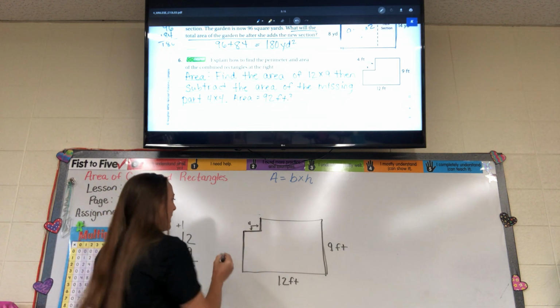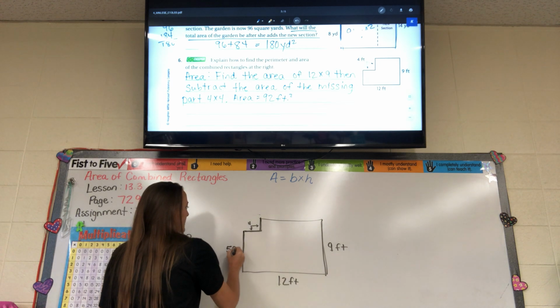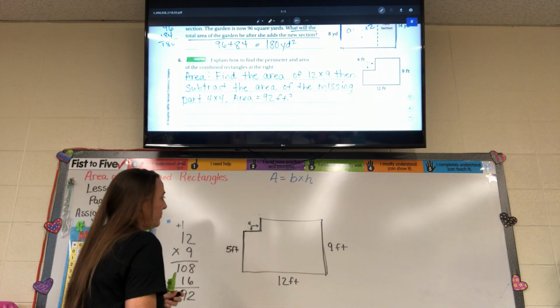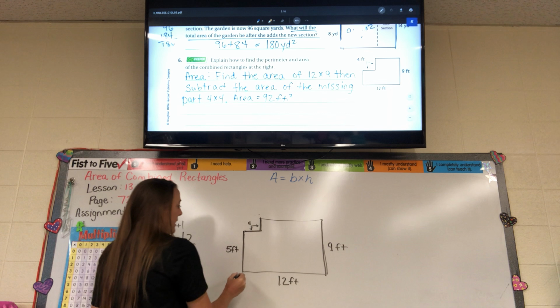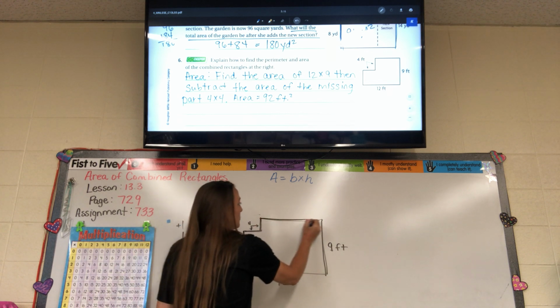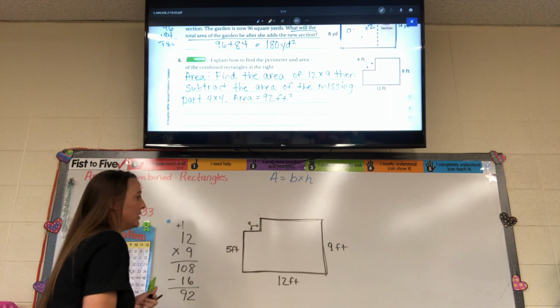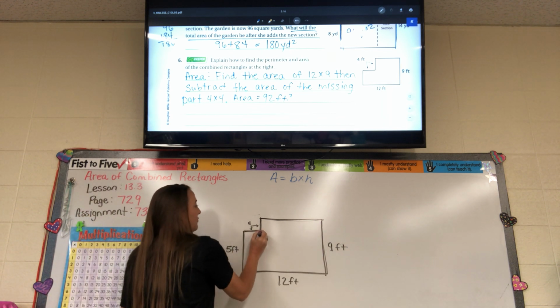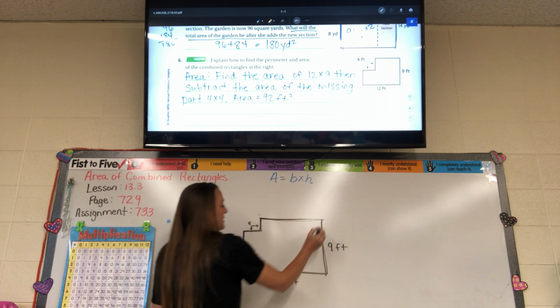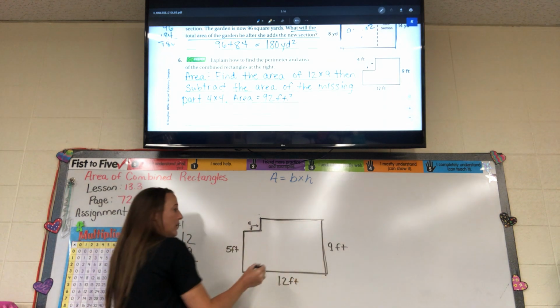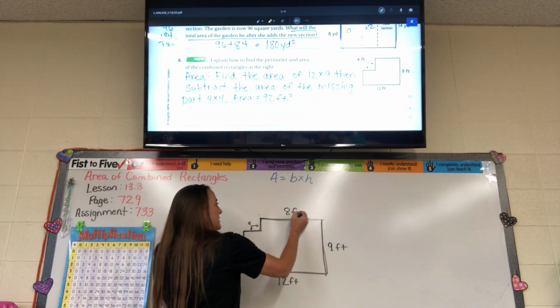It would be 5, right? So this wall right here is 5 feet. And then over here, we need to figure out what this wall is. This long horizontal wall is 12, and this is 4. So this has to be the difference in 12 and 4, which is 8 feet.